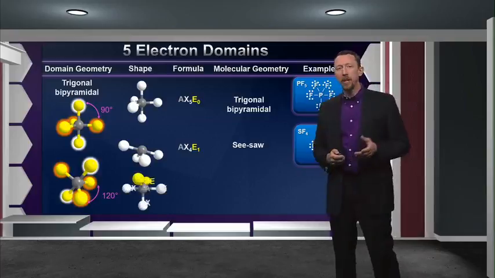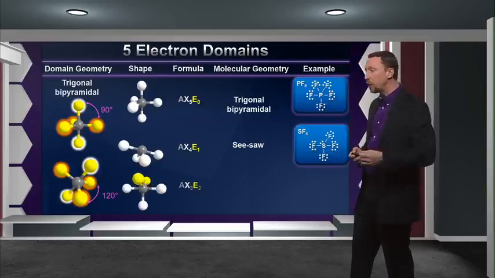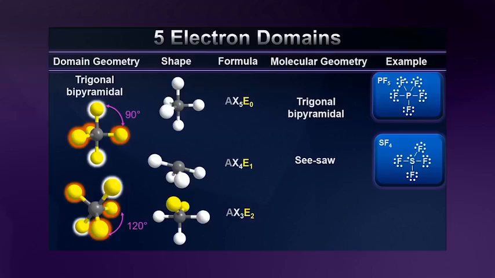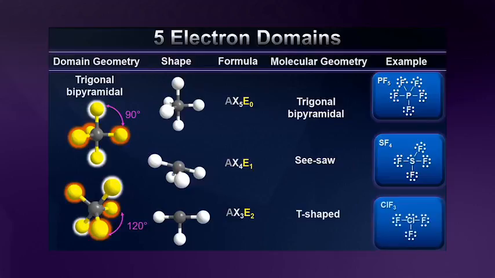So in this case, we're dealing with an AX3E2. And the AX3E2, when we remove those electrons that are not involved in bonding, looks an awful lot like the letter T. And in fact, that's what we call it. This is a T-shaped molecule. An example of a T-shaped molecule is the interhalogen compound chlorine trifluoride.